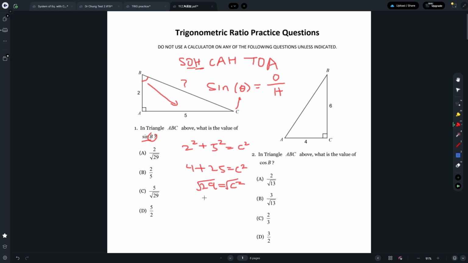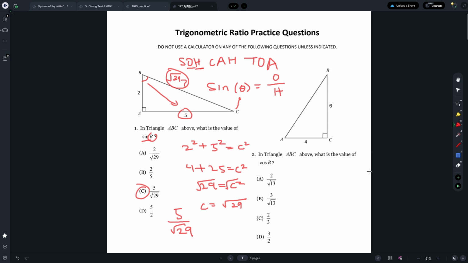We just use the positive value because a side length cannot have a negative value, so we get c equals square root of 29. And so now we have the square root of 29 in replacement of the hypotenuse. And so it will be opposite over hypotenuse, which would be 5 over square root of 29, which is c.